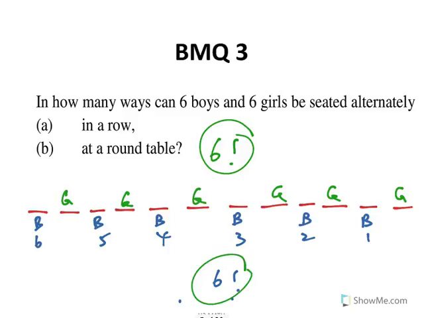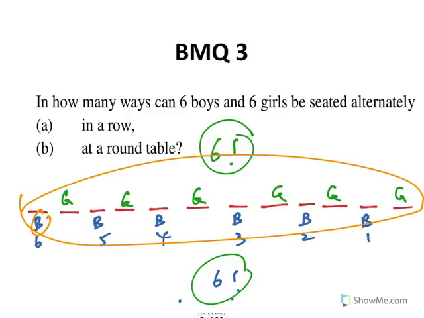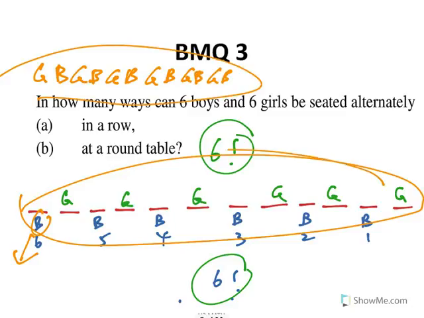6 factorial, 6 factorial. I also need to consider that instead of boys starting first, girls could start first. So for this combination, boy starts first, but I can also have girl starting first: girl, boy, girl, boy, and so on. Girls can start first. So there are a total of 2 such arrangements. Those in yellow, I can have 2 arrangements.